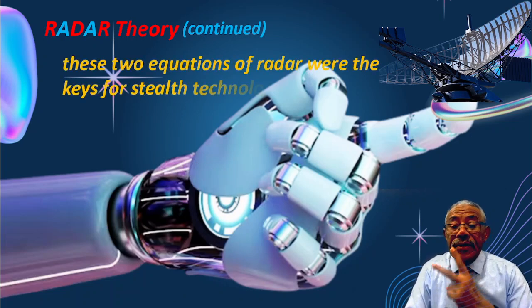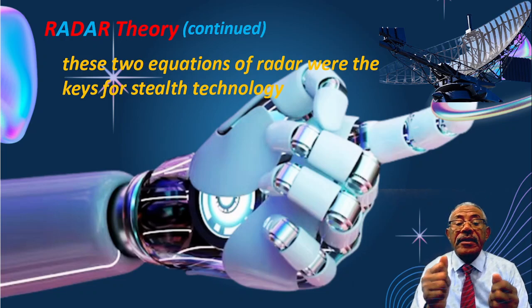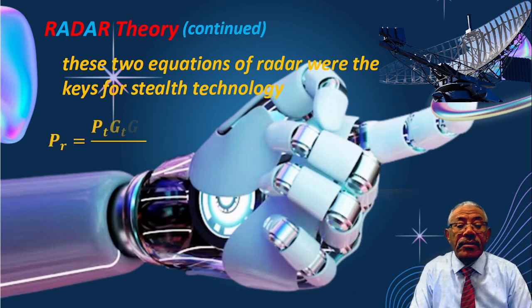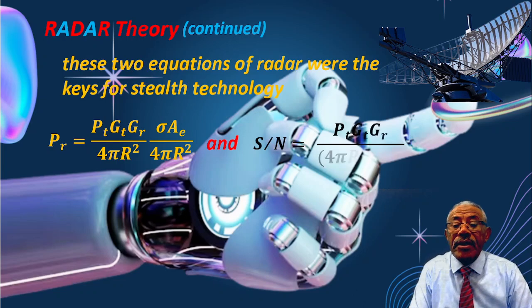These two equations, reflected power and signal to noise ratio, were the keys of stealth technology.